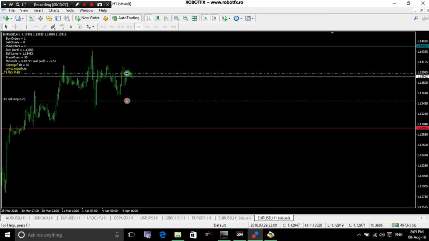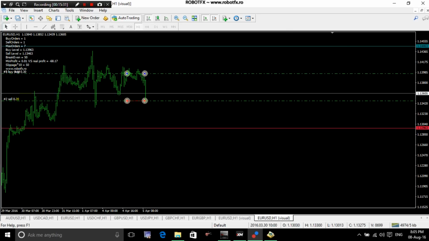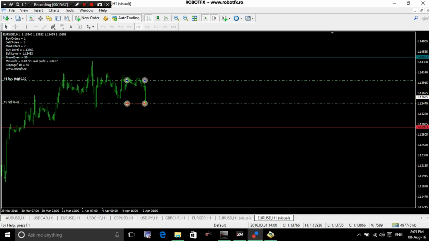If you open buy 0.1, the sell stop will be 0.2, as you can see. If the sell stop got triggered, it became a sell of 0.2, and the expert advisor placed a buy of 0.3. So now, if the price will go up, we'll have 0.1 plus 0.3, which is 0.4, double than 0.2 the sell. This is how it works.